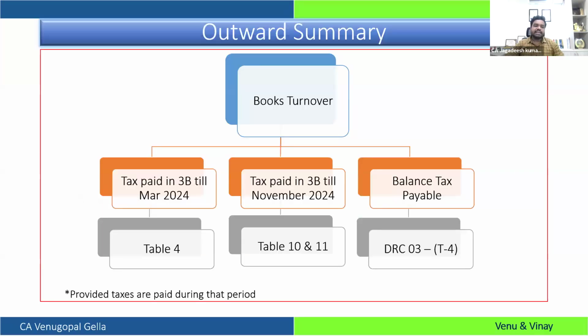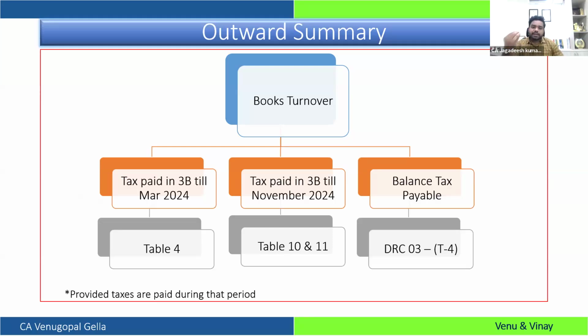So now we'll see the adjustment. What's my book turnover? Based on book turnover, we'll see how I have to report it in the GSTR-9 and 9C. The tax I have paid in 3B up to March 2024, I need to report in table 4.